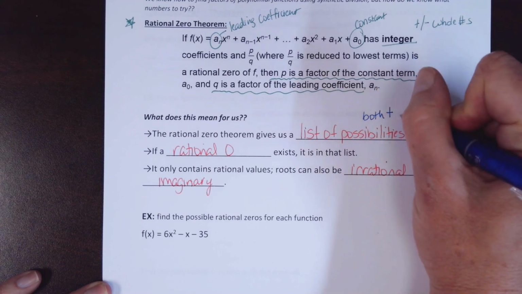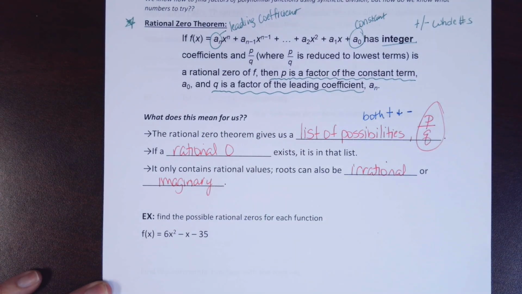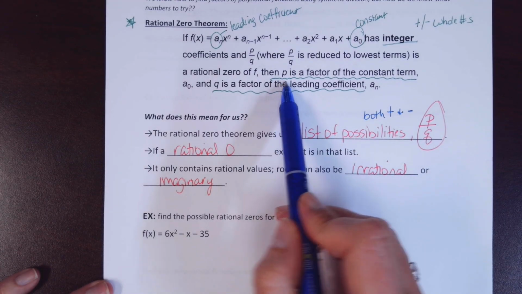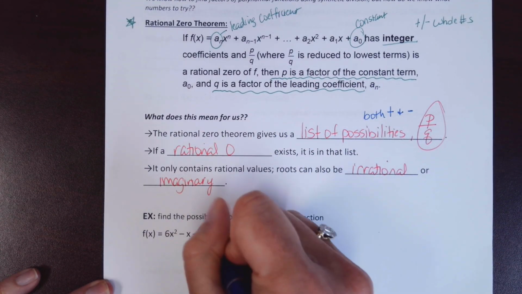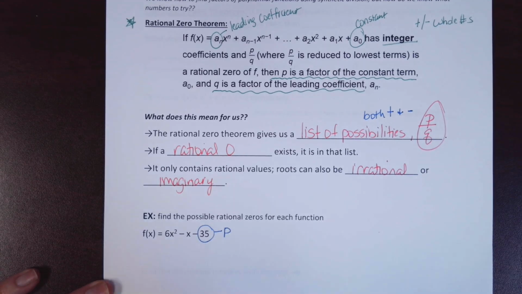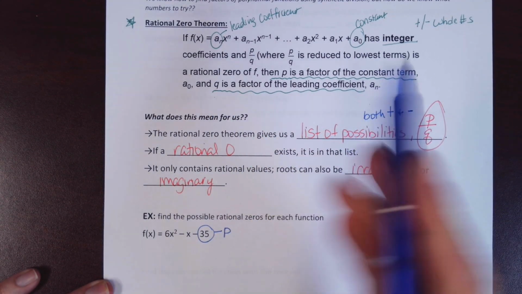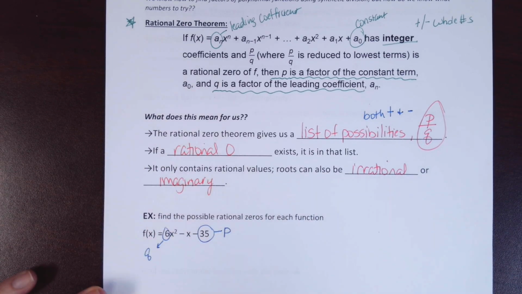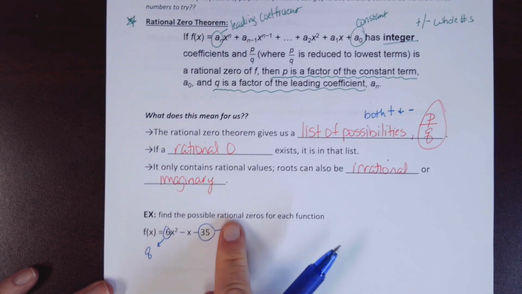Both positive and negative. So when we do our list of possibilities, we have to consider all of the positives, all of the negatives. P over q, where p is a factor of the constant, so right here. And q is a factor of the leading coefficient, so right here. So that represents q.